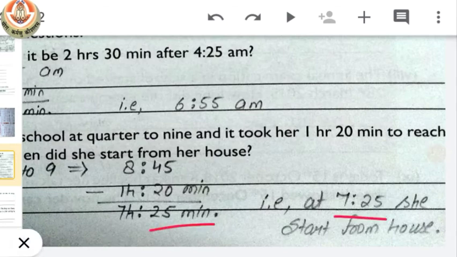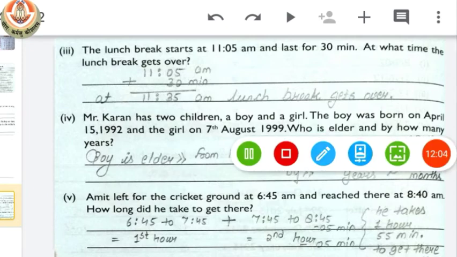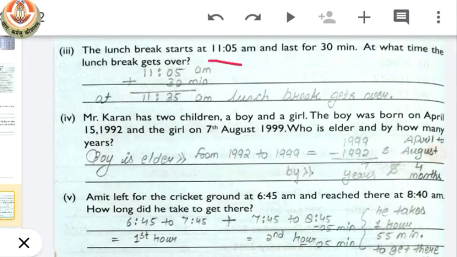Okay, class? Now the third part is: the lunch break starts at 11:05 a.m. and lasts for 30 minutes. That means the duration of the lunch break is 30 minutes, that is half an hour.